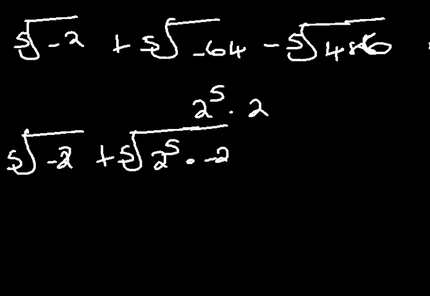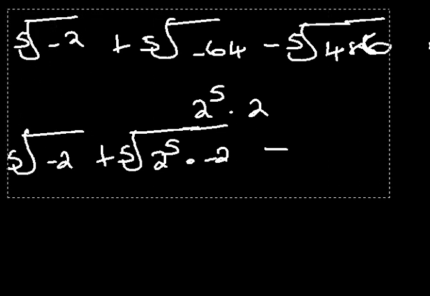Since here we have negative 2 in the 15th root, it means we also have to consider the negative to be part of the 2. And the minus term, try to go through that one the way we have done it here. Try to proceed with that at your own time.